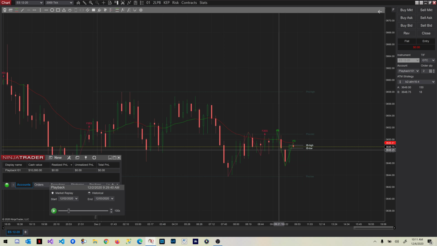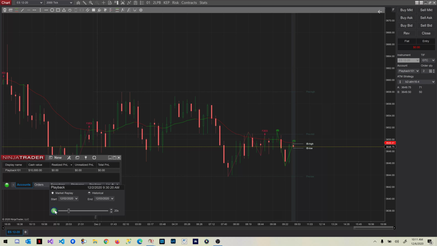And you can see it's now finding this one. It found a high. It found a lower high, so that makes that a possible first entry. And let's let it play, and you will see what happens.